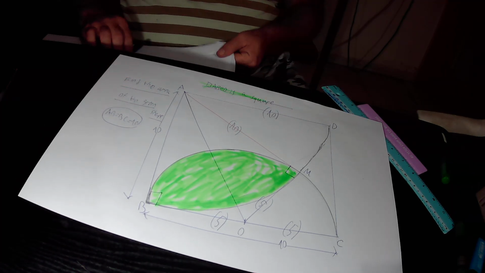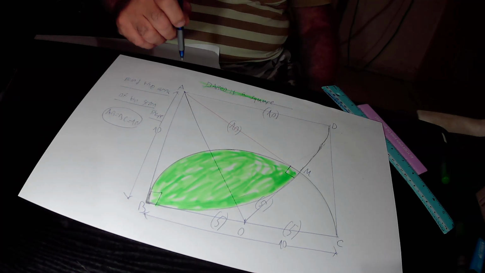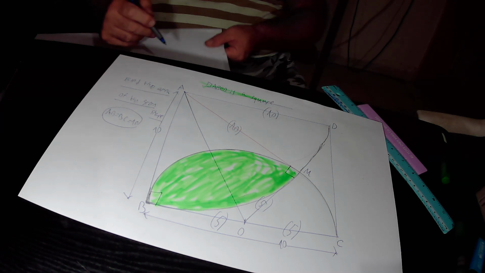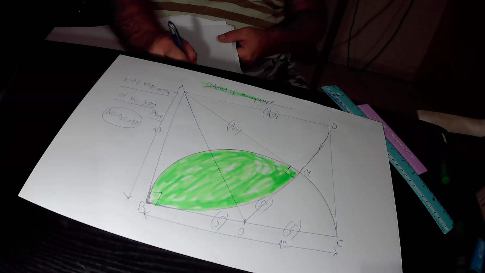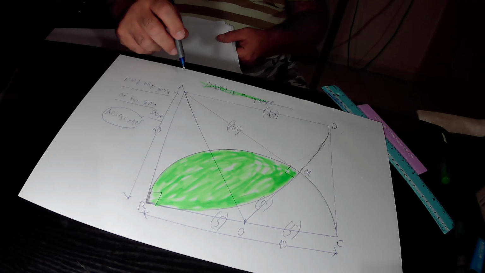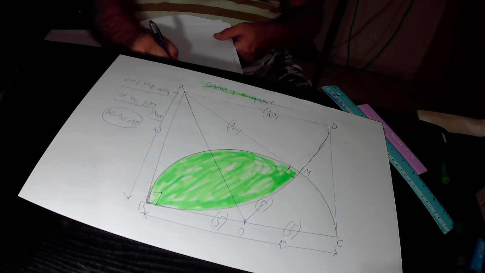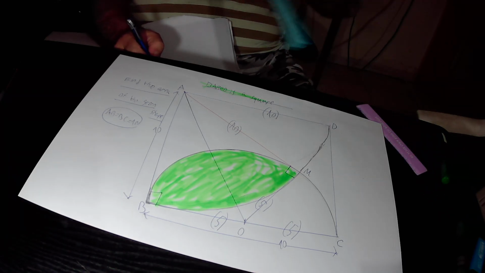So, we'll prove that the right triangle AOM is congruent to the right triangle AOB according to side rule.